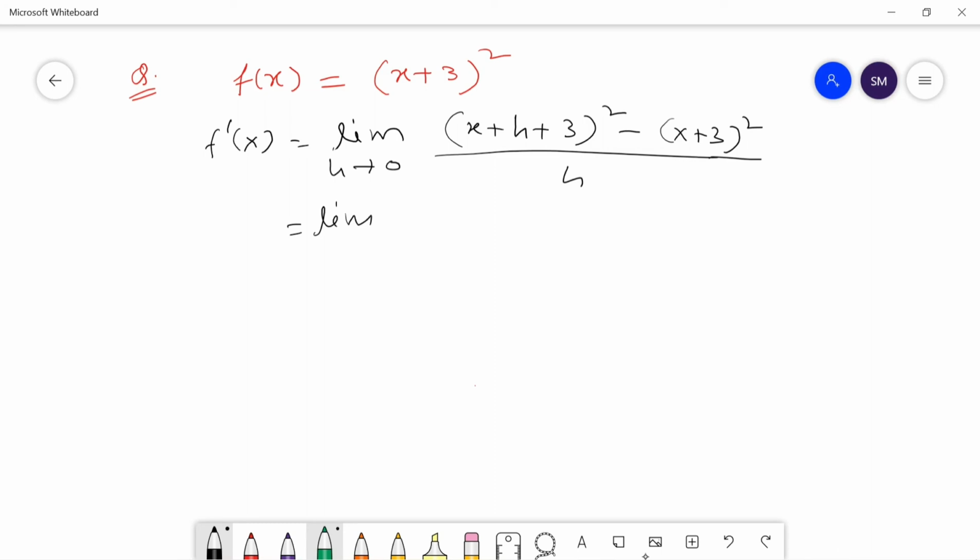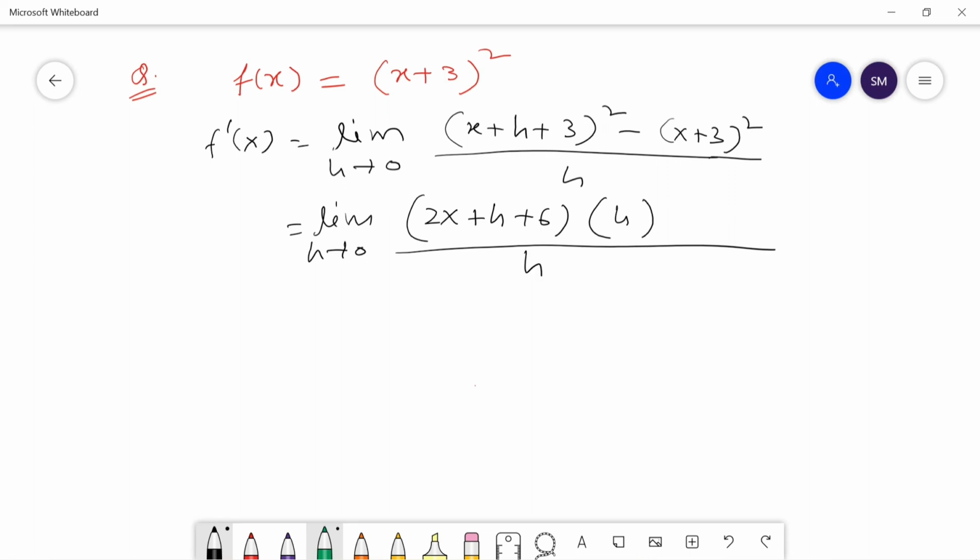This is equal to limit h tends to 0 of 2x plus h plus 6, and then you have h over h. So this h cancels out, so you will get limit h tends to 0 of 2x plus h plus 6. So this is equal to 2x plus 6.